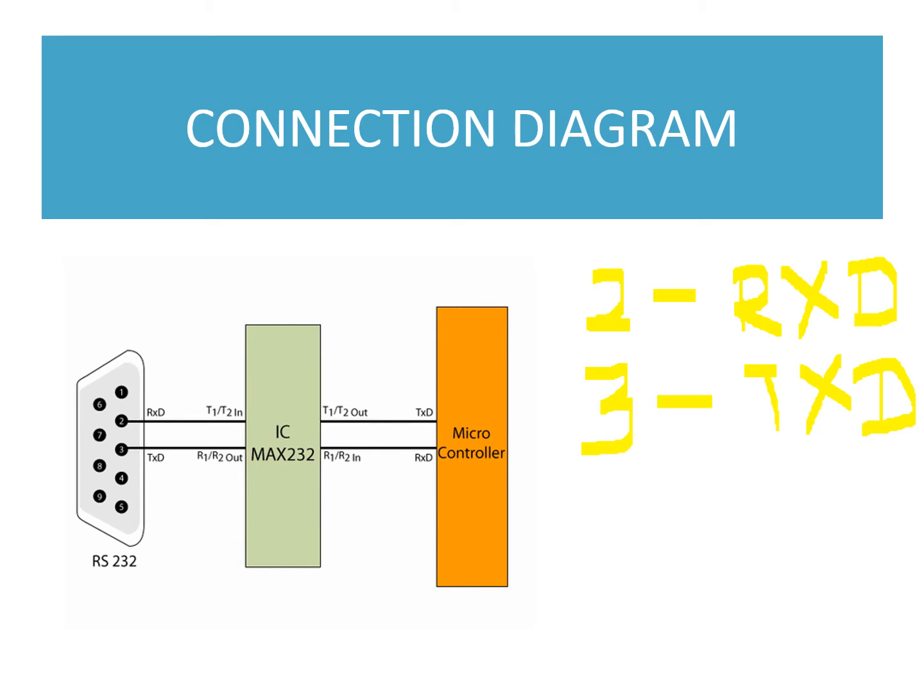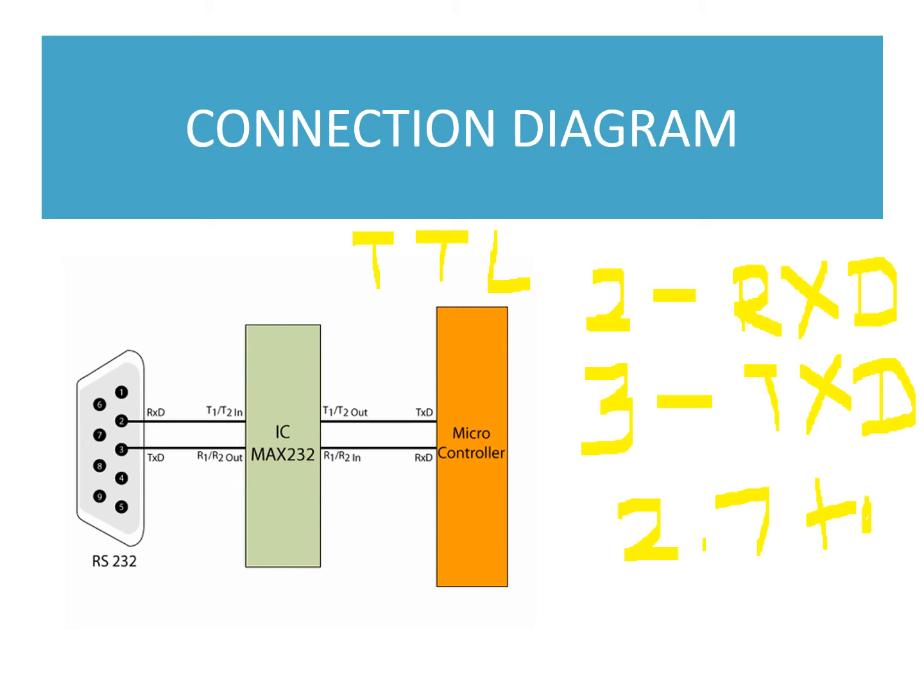But these two channels are not compatible with TTL, whereas my microcontroller 8051 uses the TTL logic family, the transistor logic family, wherein logic 1 is represented by a voltage ranging from 2.7 to 5 volts, whereas logic 0 is represented by less than 2.5 volts.